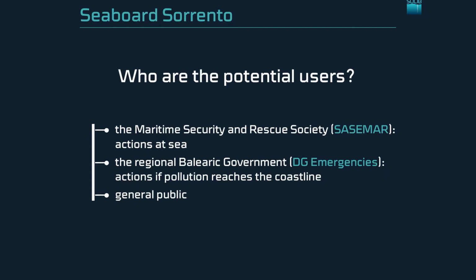In case an oil spill happened, they need to control what's happening close to the coastline, so if they need to protect some area or not. And the third potential user, of course, is the public. The public want to know what's happening. They want to have good information and not only a picture of a ship burning. They want to know what we can do for them.